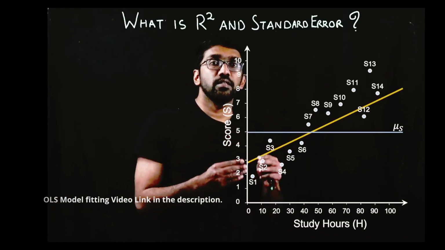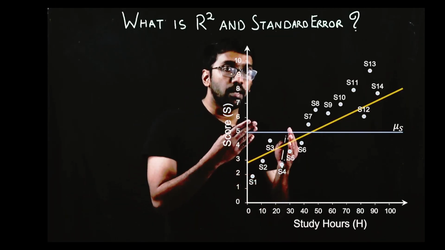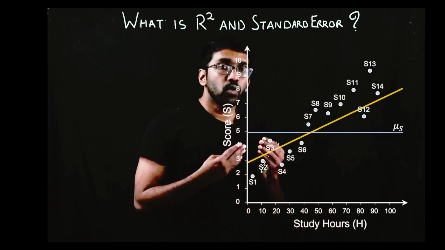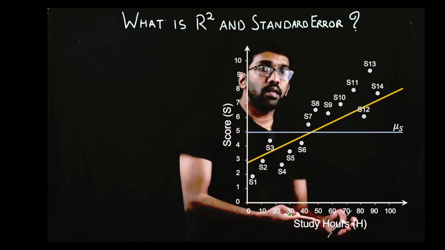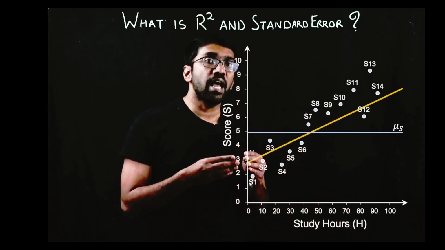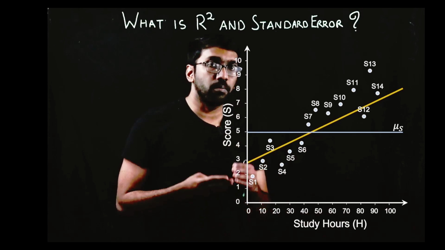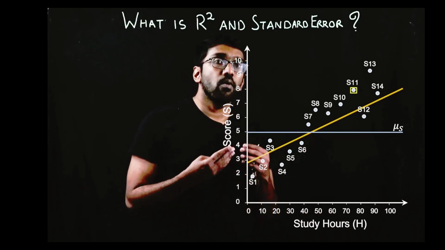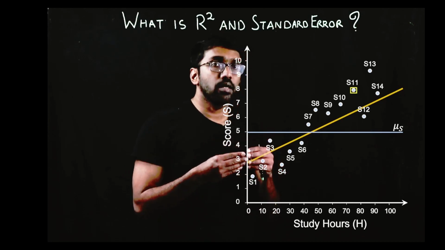And let us assume that this is the best fit line that models the relationship between score and study hour. If you provide a study hour as an input to this model, it will provide an estimate for the score, which is as close to the original score as possible for the particular student. So the problem here is that the model is not completely perfect.